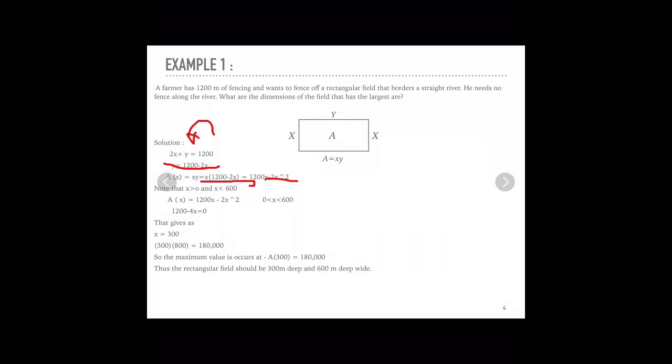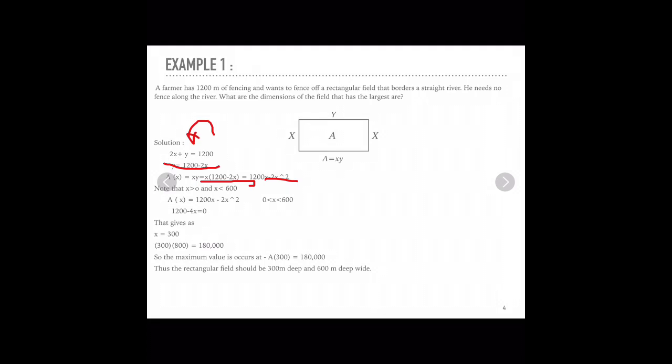So sa example number 2 po, yung tanong is find the dimensions of a rectangle with perimeter 100 meters whose area is as large as possible. So gagamitin po natin na solution is perimeter equals to x plus y, but you can use P equals 2(l plus w).